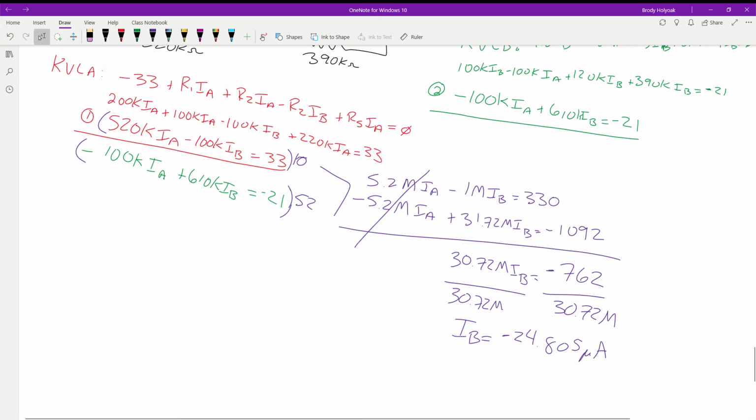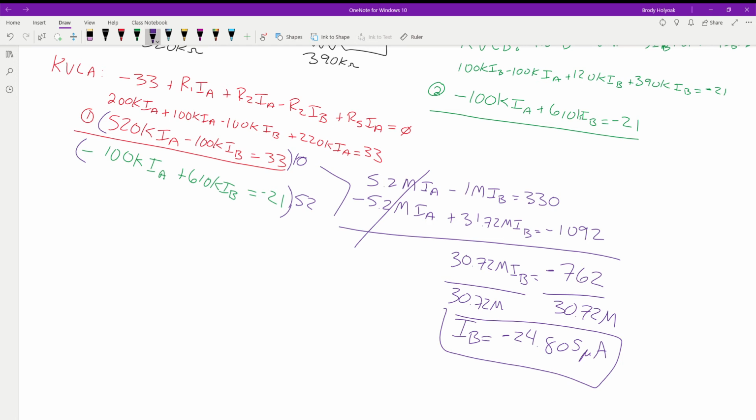Negative 24.805 microamps. Everybody good there?